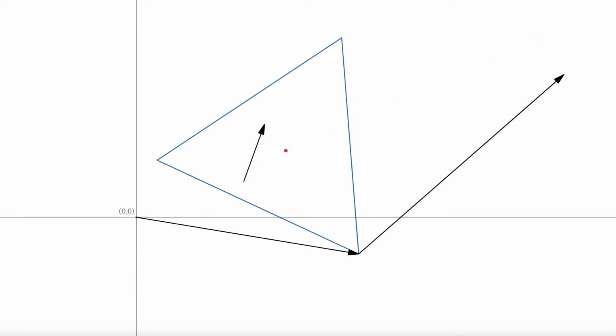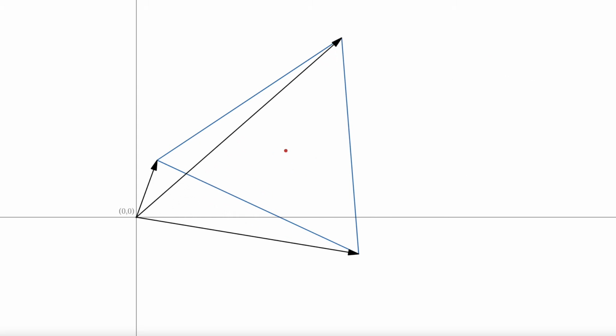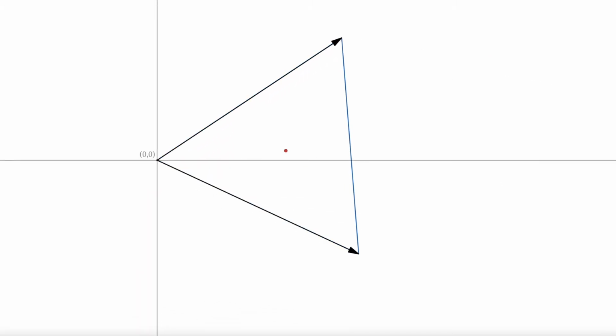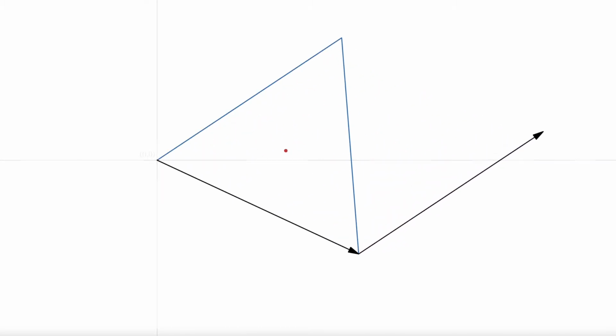Or, if we choose one of the vertices to be the origin, then one of the vectors disappears, and the other 2 coincide with the sides of the triangle. Again, we can add the vectors and divide by 3 to find the center. Or, better yet, divide those 2 vectors by 3 before adding them together. And that is how we will define the vectors that we'll use for this proof.